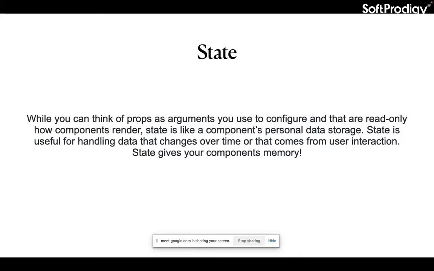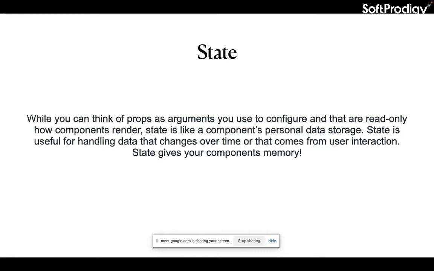State is useful for handling data that changes over time, or comes from user interaction, and state gives your components memory. So basically the state is used to store the data, and we can update the state using the state management that we'll see in the code.